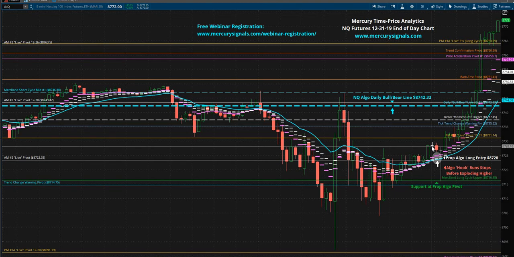Liquidity, blah, blah, blah. I don't care about liquidity. I just care about what the algos say. The algos said, well, here we are. We're drifting up. We'd come down here to 87.04, and now we're drifting back up to 87.29, which is 25 handles. If you're trading NQ, it's $20 a handle, okay?